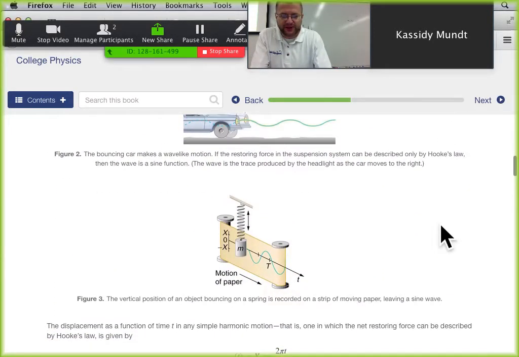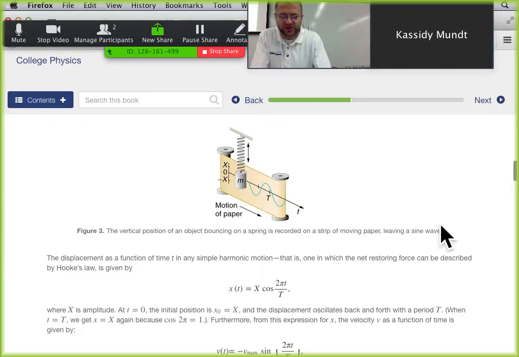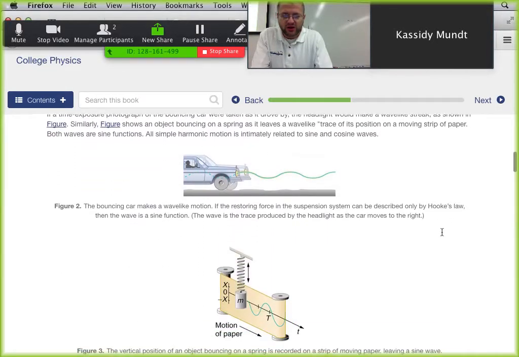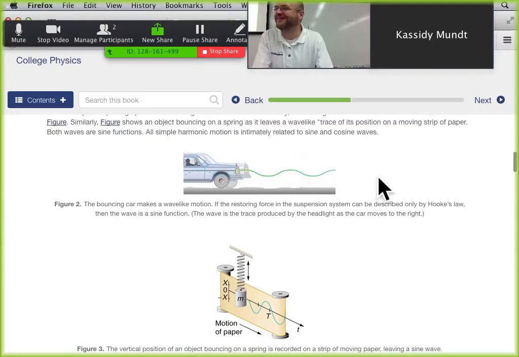Okay, now how do we put this simple harmonic motion in with the sine curve and the cosine curve? It's really quite simple. Well, here's the car going up and down. The car that's going up and down as it's going down the street, if you put a pencil on it or a light bulb on it or something and took a picture for a long time, you would see this light going up and down, up and down across the exposed picture.